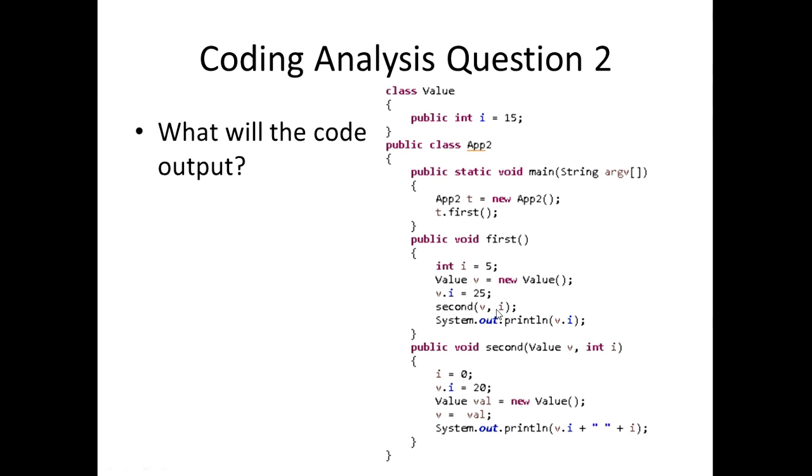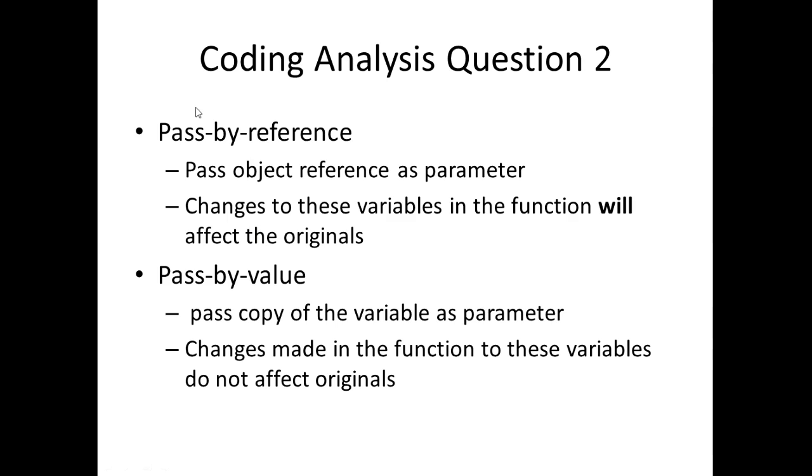Now, before we progress any further, I want to talk a little bit about pass by reference and pass by value. And what we're using here in this particular scenario is pass by reference. So let's talk about the differences between pass by reference and pass by value. Pass by reference is when you pass an object reference as a parameter. When you do this, changes to these variables in the function will affect the originals.